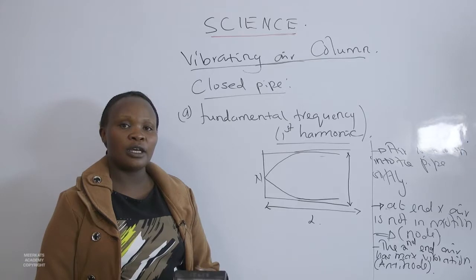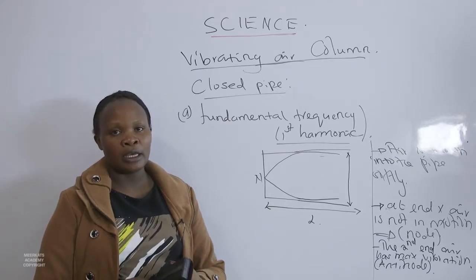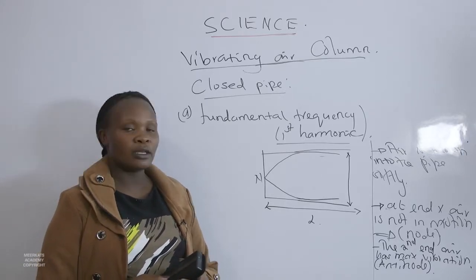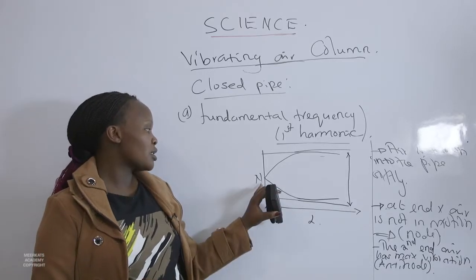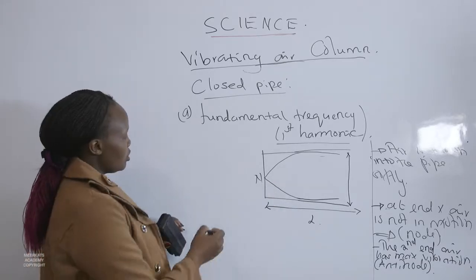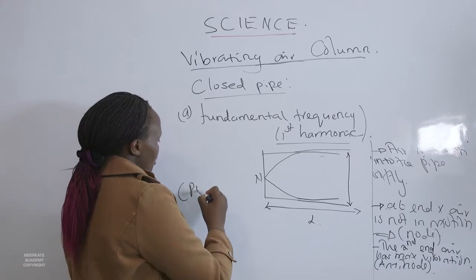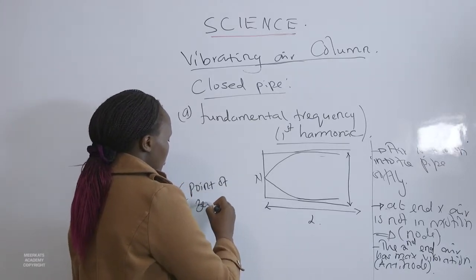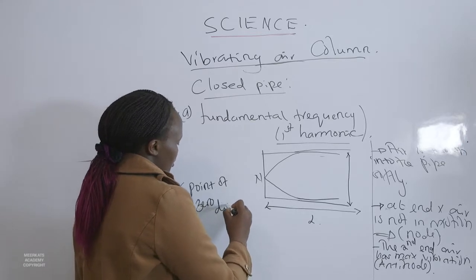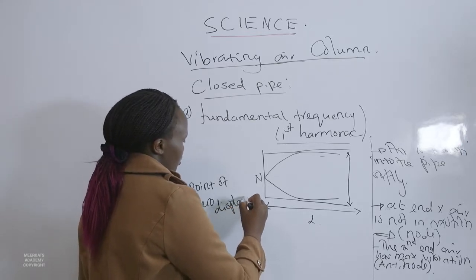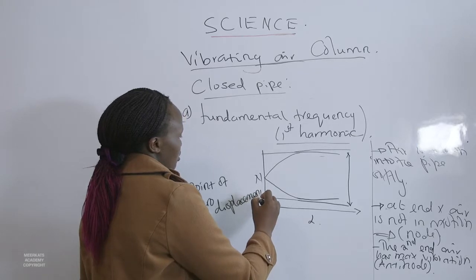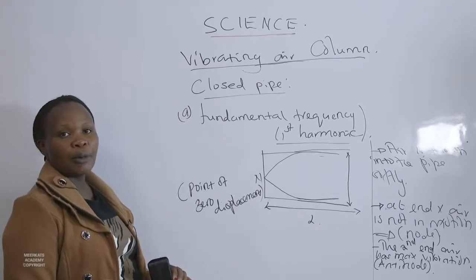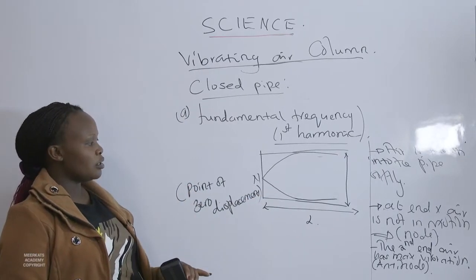Therefore, the air will just remain constantly still, which means a node. Because a node, again, we agreed, is a point of zero displacement.